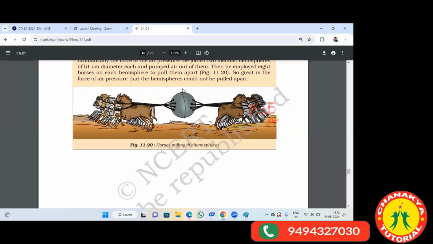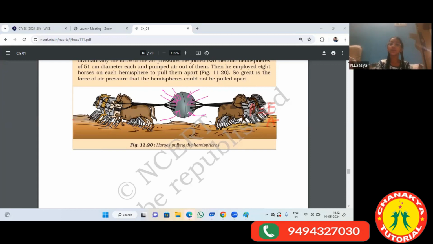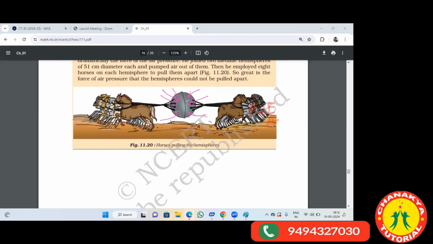It was not made to stick by any glue, and it was not welded together. The only thing that was done is that all the air was pulled out of it. So it was only the atmospheric pressure, the air from the atmosphere, that was pushing these two hemispheres together and hence holding them.